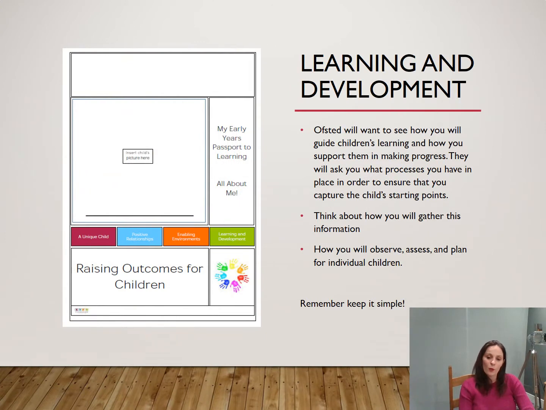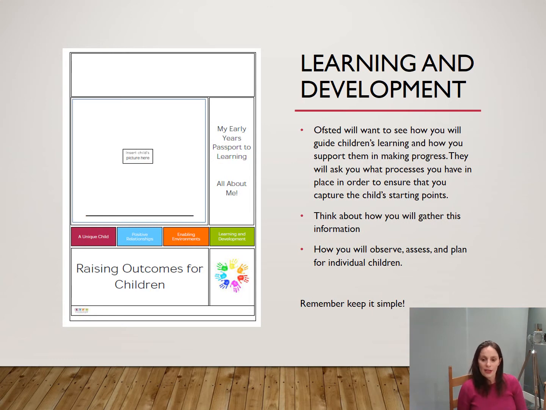Where are we incorporating the 7 areas of learning? When we accept a child into our setting, how are we going to know where that child is at? What information are we going to look at and how are we going to gather it? Because Ofsted will want to see how you will guide children's learning and how you will support them in making progress. They will ask you what processes you have in place to ensure that you capture those starting points.